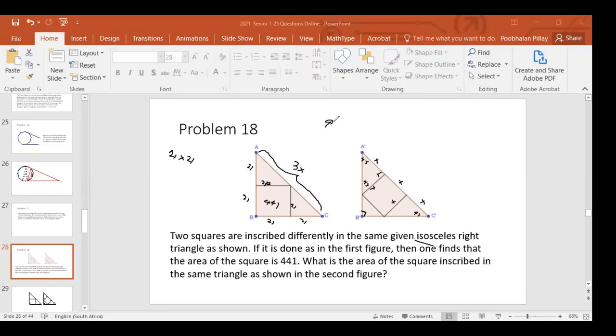The hypotenuse squared, 3x all squared, is the sum of the squares on the other two sides. So this is 42 here, so it's 42 squared plus 42 squared. With this thing here, the sides are 42, since each side of the small square is 21. And there you can solve for x.